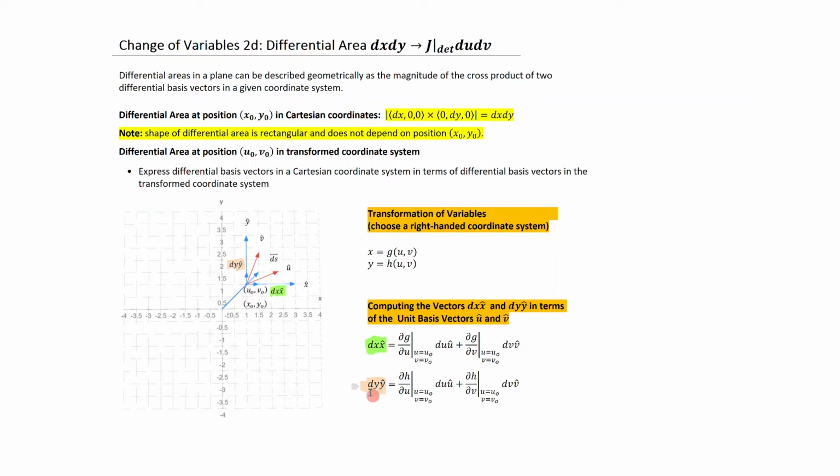Similarly for y, you take the second expression and take the partial derivative with respect to u, du u hat, plus the partial derivative with respect to v, dv v hat. So this is now the original differential vectors in relationship to the new differential vectors.